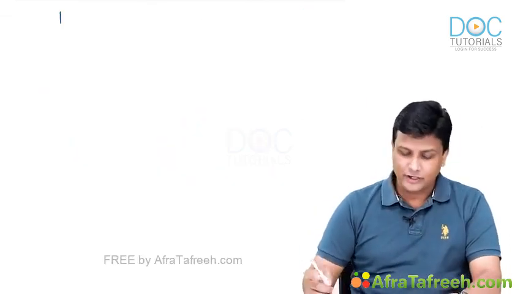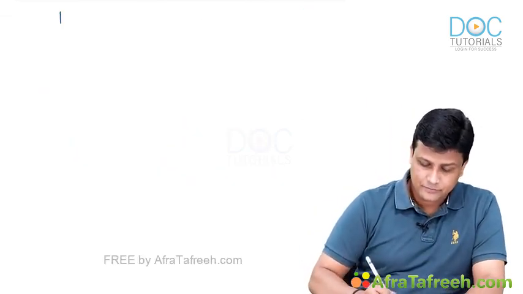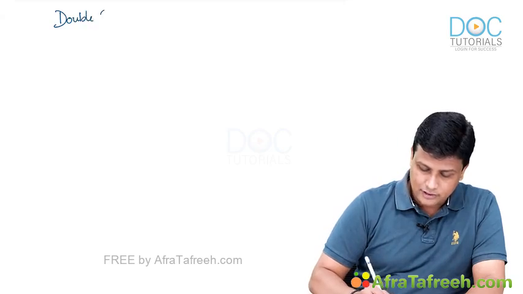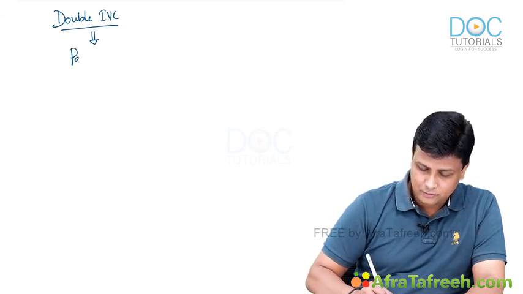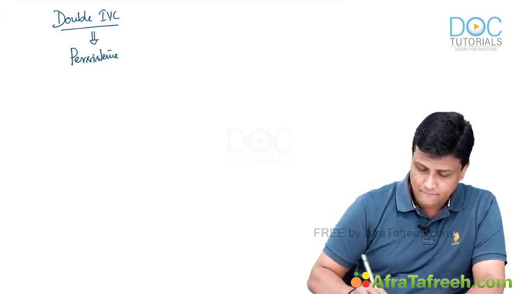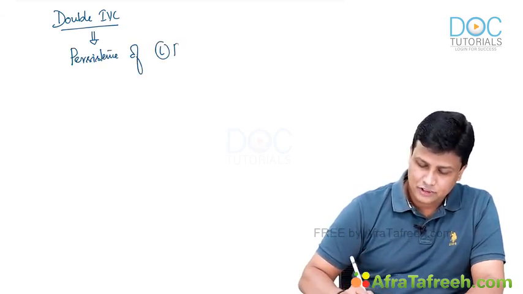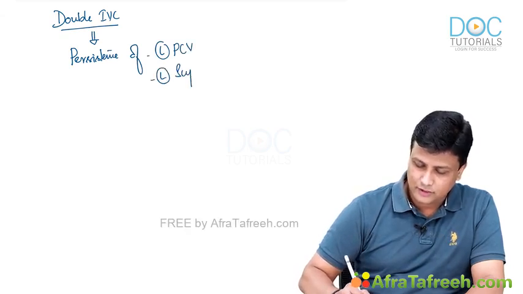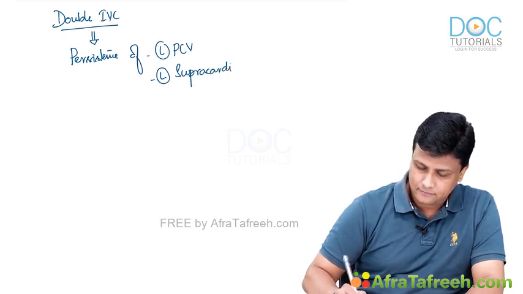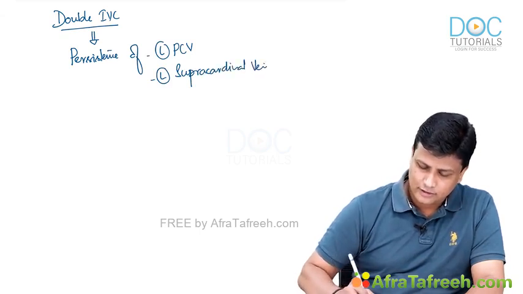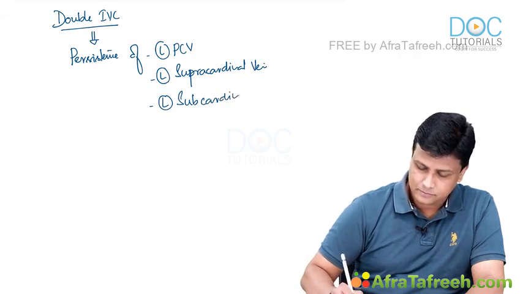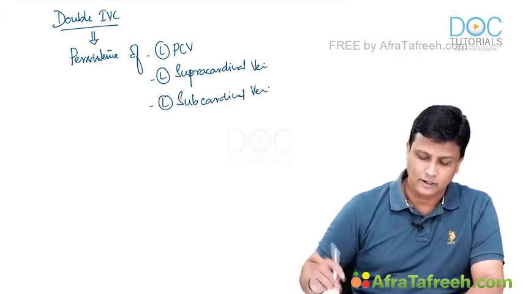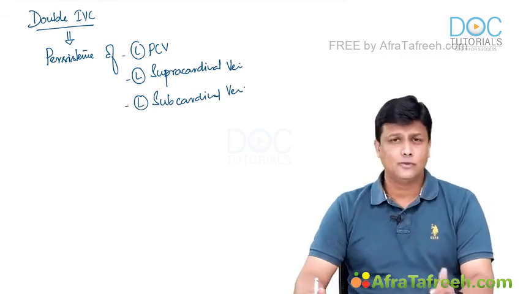So let us just write down that abnormality and finish off this one here. Double inferior vena cava is due to the persistence of left posterior cardinal vein, number one, and then left supracardinal vein, number two, and even that anastomosis along with the left subcardinal vein. So it is due to the persistence of all these veins.